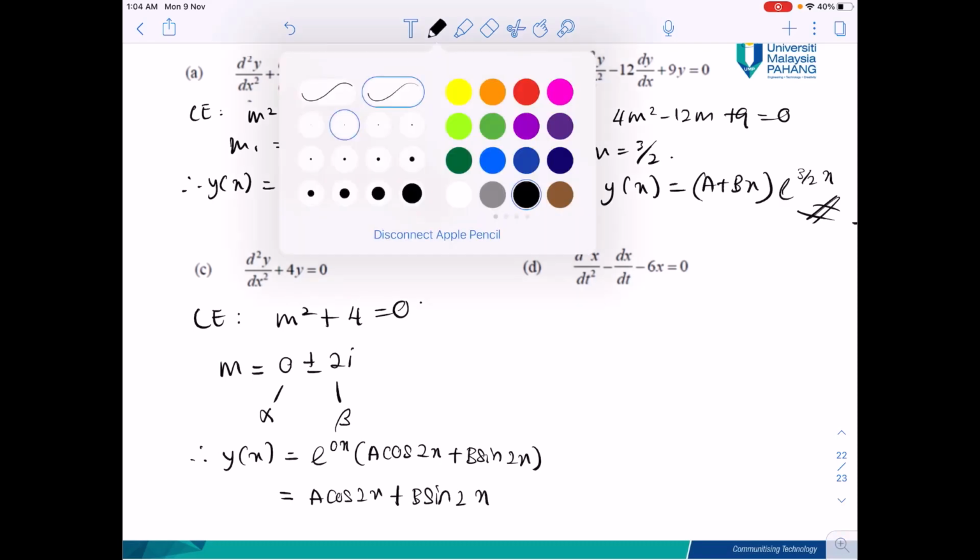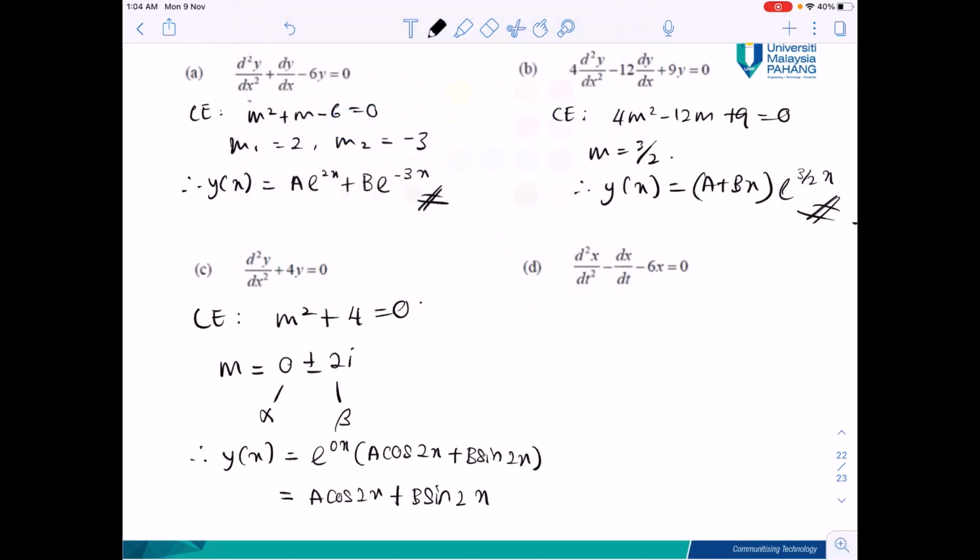Okay, so next one will be this one. Characteristic equation m squared minus m minus 6 equals 0. This is just similar to before. This is 1, minus 1, minus 6.